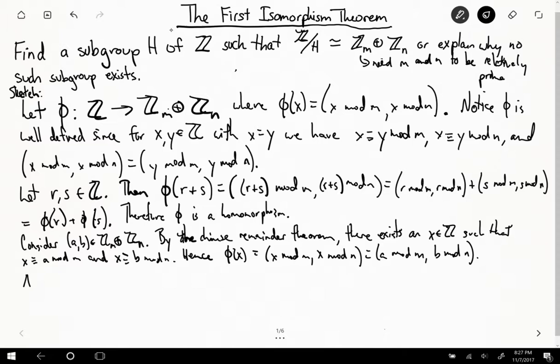So assume x is an element of the kernel of phi. Then phi of x is equal to 0 mod m, 0 mod n.